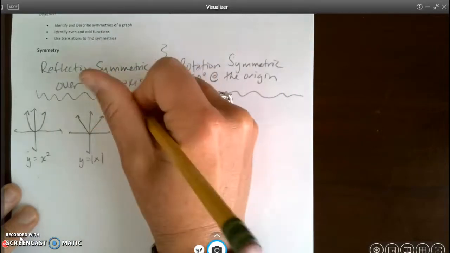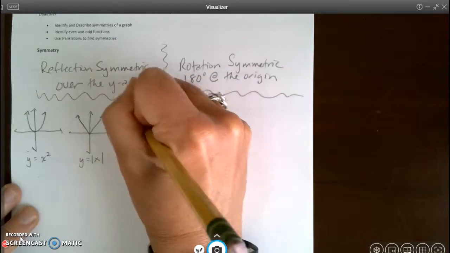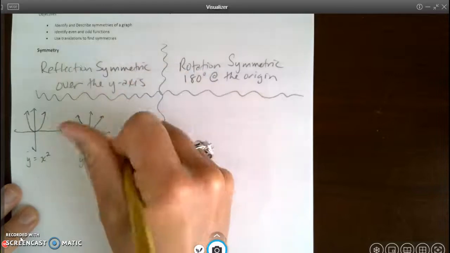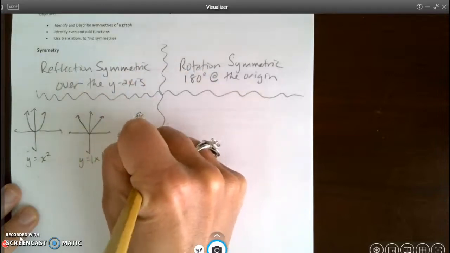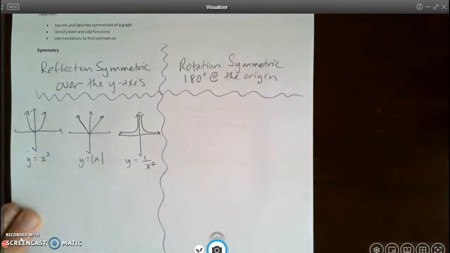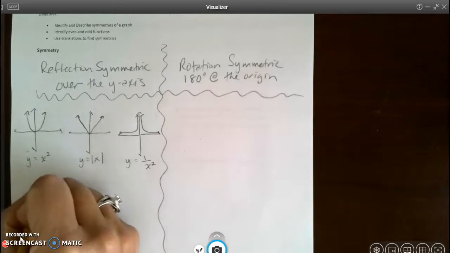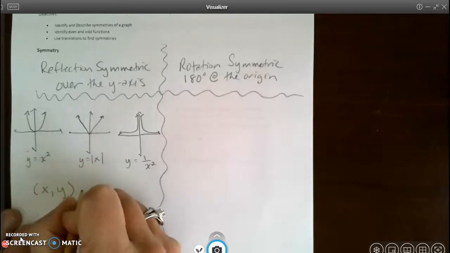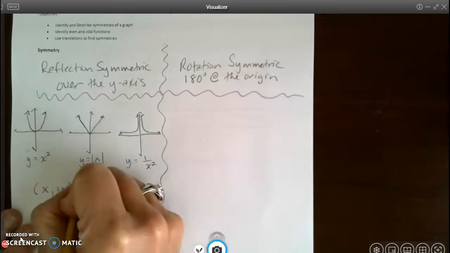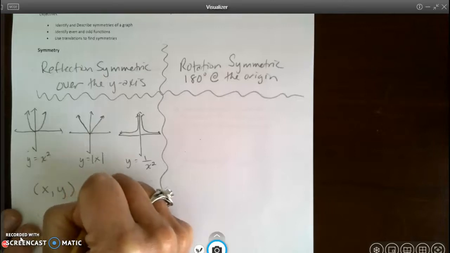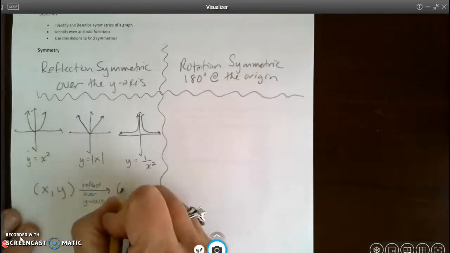And my third one is my y equals 1, my inverse square. Y equals 1 divided by x squared. If I was to reflect that over the y-axis, you wouldn't even realize that I had reflected anything. So the general rule of thumb is that when you have an ordered pair, x, y, and you reflect it over the y, you end up with the opposite of x.